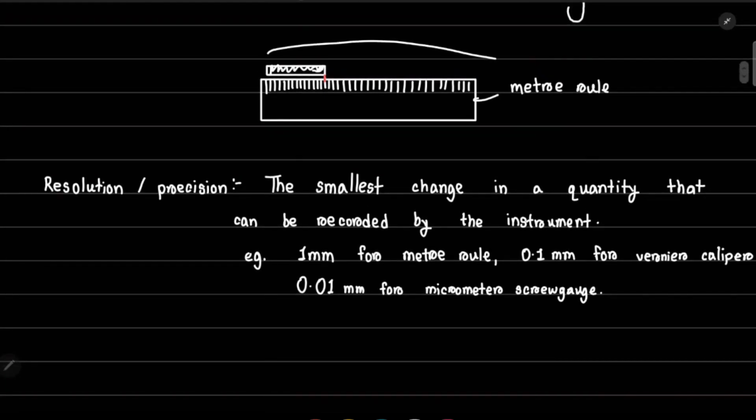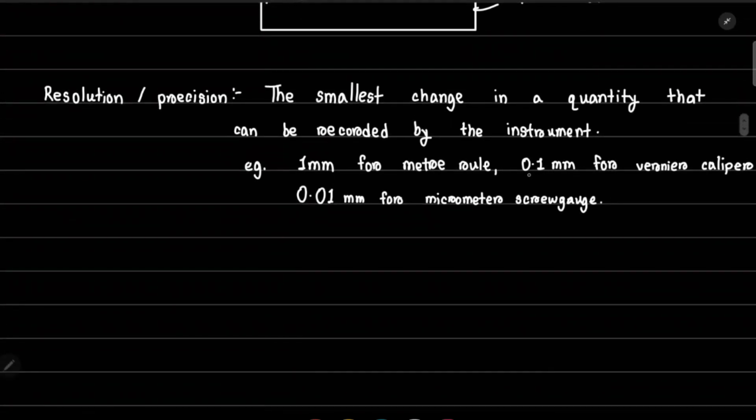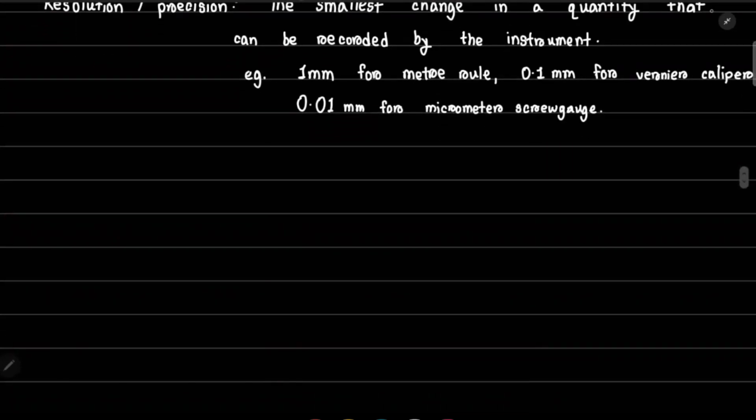So for this case over here, the smallest change in a reading that a meter rule can measure is 1 millimeter. Some other examples are 0.1 millimeter for vernier calipers and 0.01 millimeters for micrometer screw gauge. There are also other instruments.